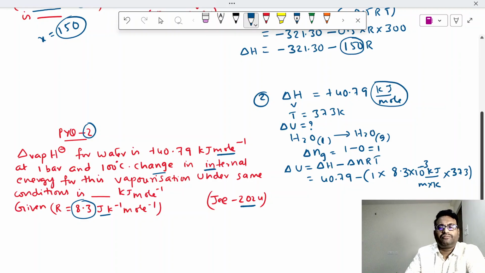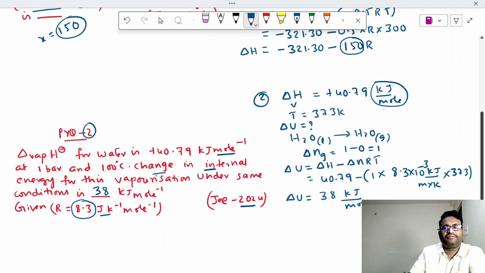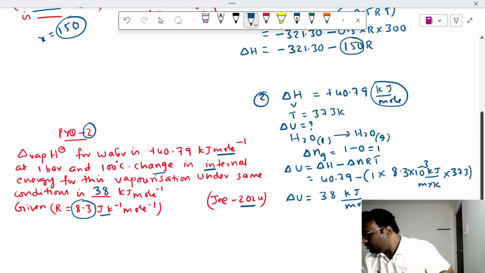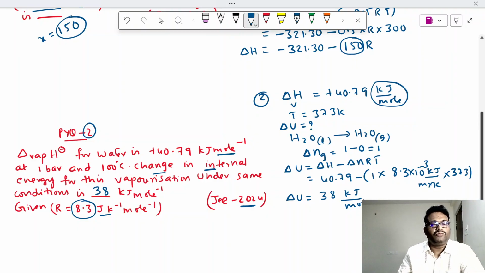So then delta U will be, what do we get? 40 minus this, if you calculate, we get 38 kilojoule per mole. So the answer is 38.